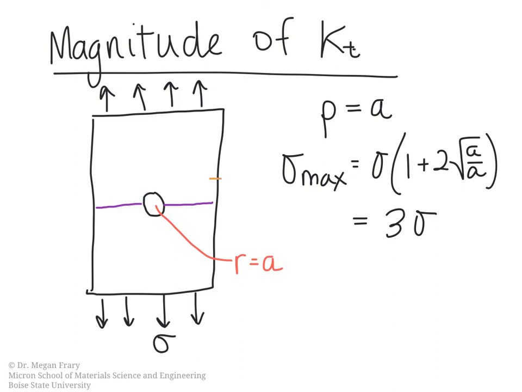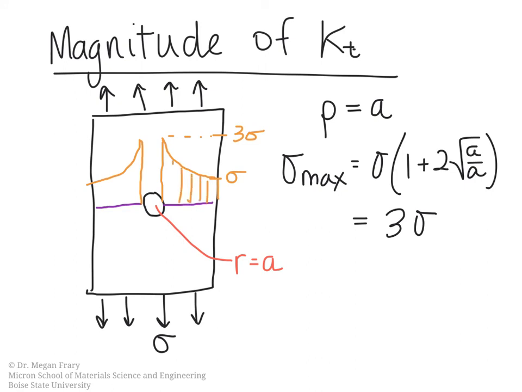At the edges far away, that stress is sigma. But right here at the edge of the hole, that stress is equal to 3 times sigma, and the stress falls away like this. The same thing is true over on this side. So right next to that hole, the stress level is 3 times sigma, and at the edge it's equal to sigma.